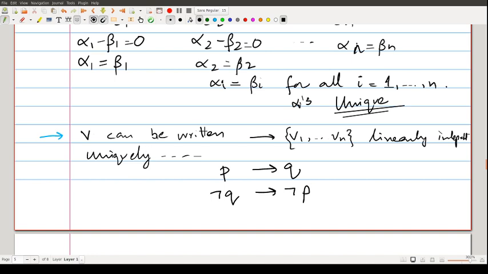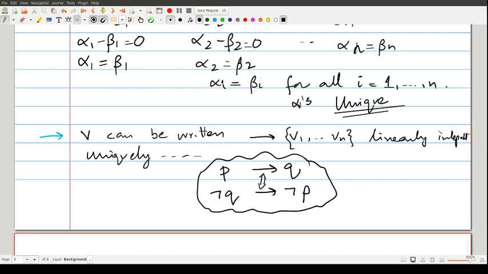And so instead of proving from this direction to this direction, I'll take the negation of this and prove the negation of this. And these two statements are equivalent. So it's easier to prove negation Q implies negation P, and since both of them are equivalent, I will have completed my proof. And so let's just do that.